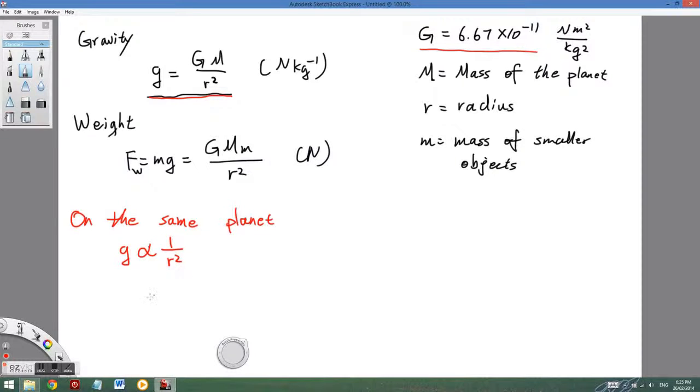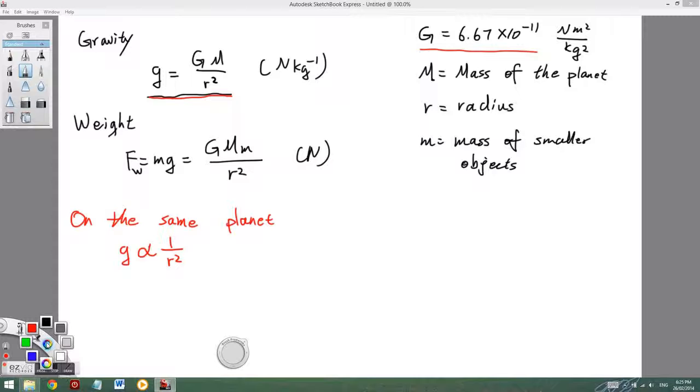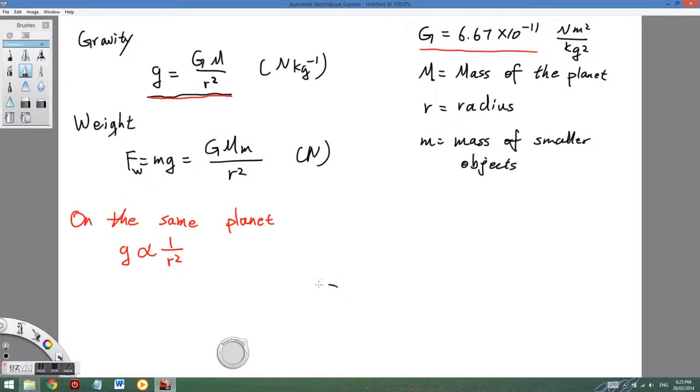Now, I'll show you what the mathematicians were thinking about. What's happening if this is the planet Earth and I'm standing on it? I name the gravity I have G1, and the radius here will be r1.